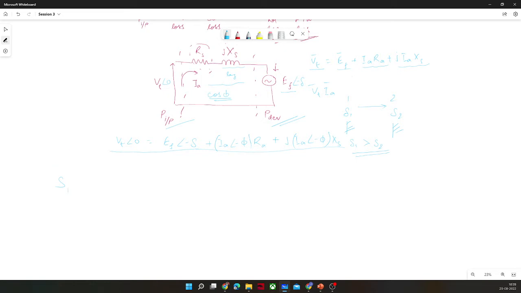So let's take the input apparent power, that would be Vt Ia conjugate. This is the apparent power input.